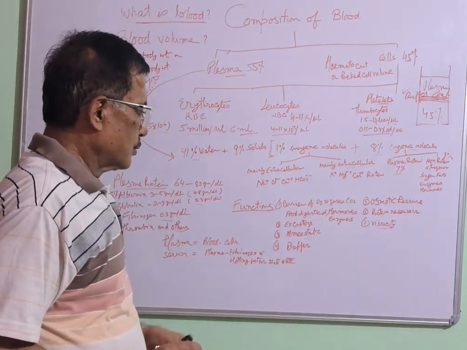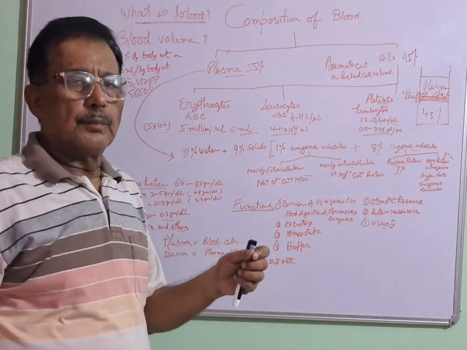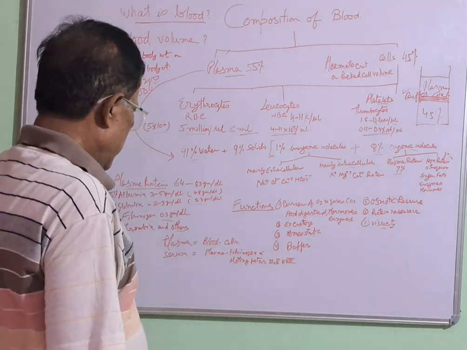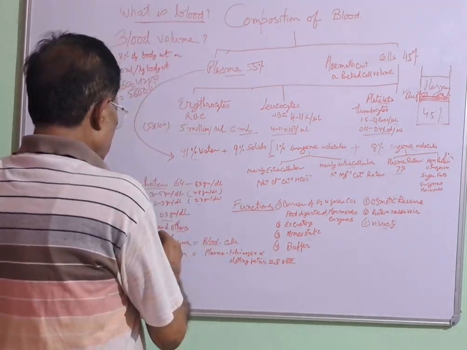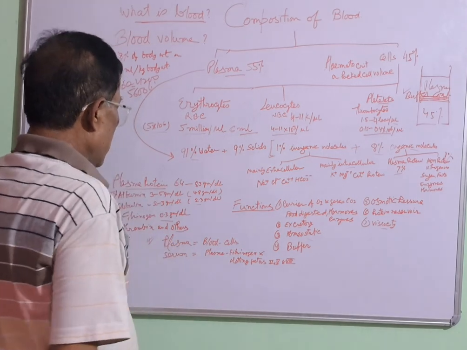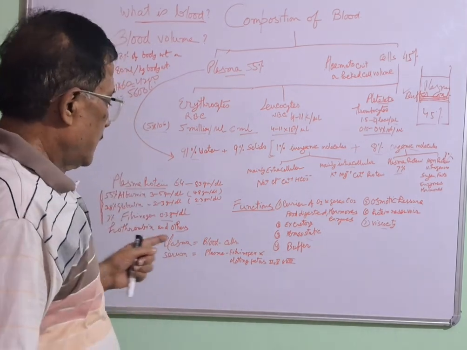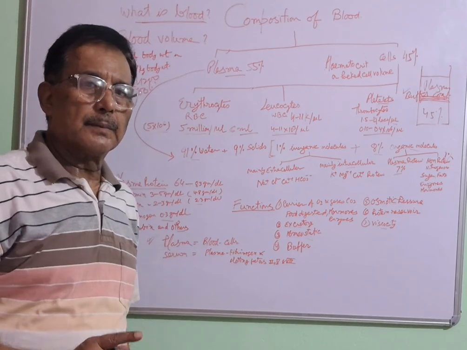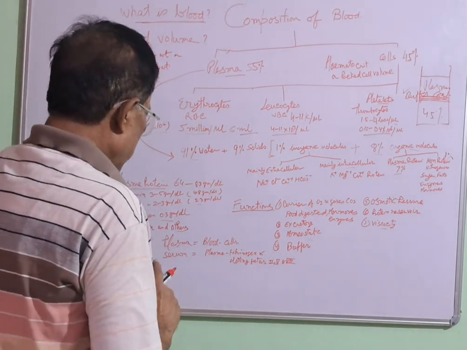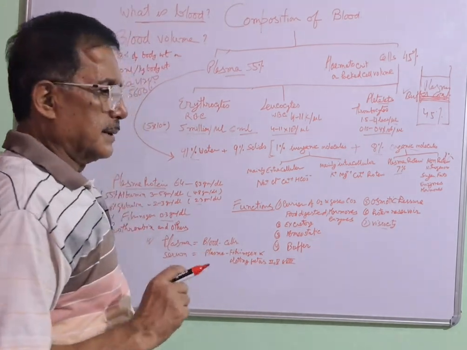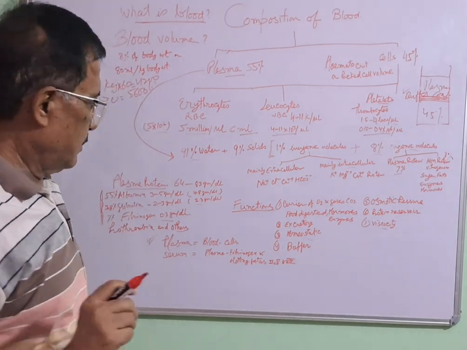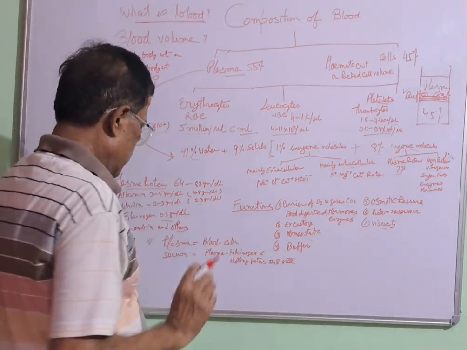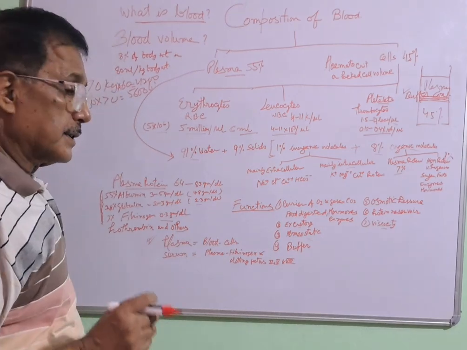In addition to that, we will learn about plasma protein in our next video. One question is very important, usually asked: what is the difference between blood and plasma? Plasma is blood minus cells. Formed elements of blood or cells, RBC, WBC and platelets are removed. Blood minus cells is plasma. Then what is serum?